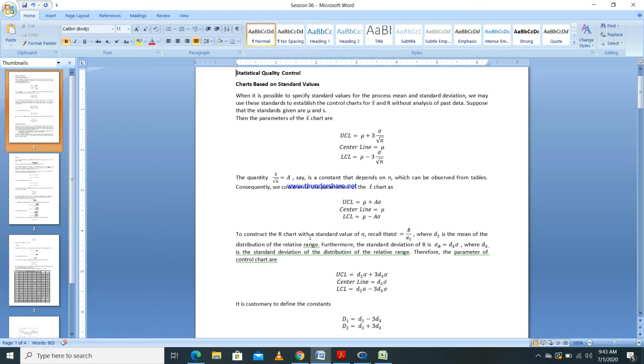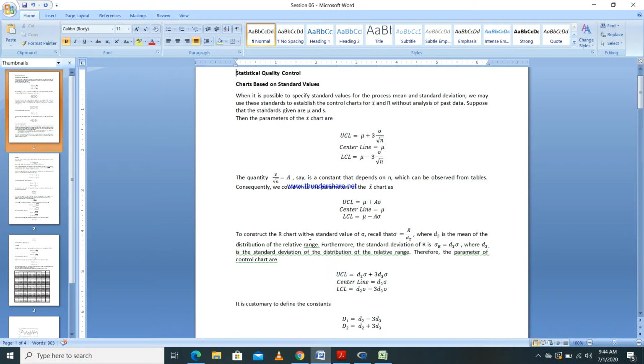If you can remember, I told you in the last session that when you are constructing the control charts, we have factors in the equations. When you are constructing the center line and the upper control limit and lower control limit, you are given a specific equation for each control chart.